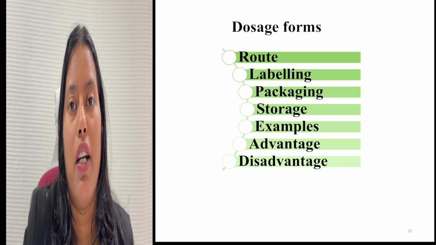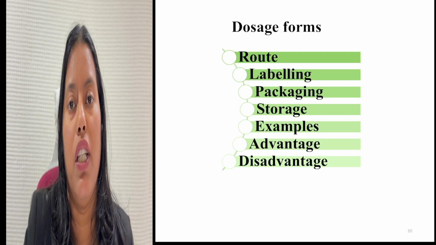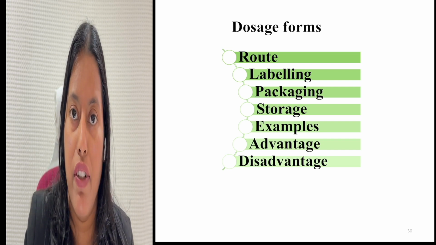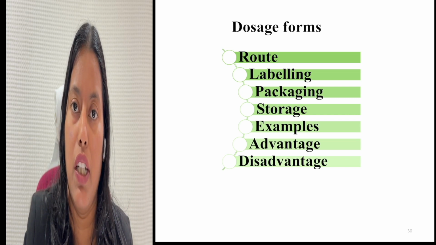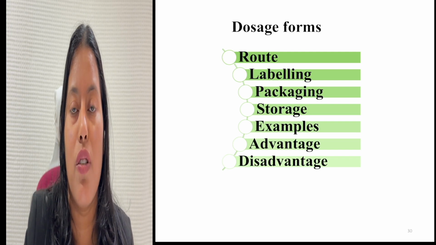Then some tablets are implant tablets, which are placed below the skin layer, so the subcutaneous route is also used. Some tablets are inserted into the vaginal cavity, so the vaginal route is used. Some tablets and powders are inserted into the rectal cavity, so the rectal route is also used.